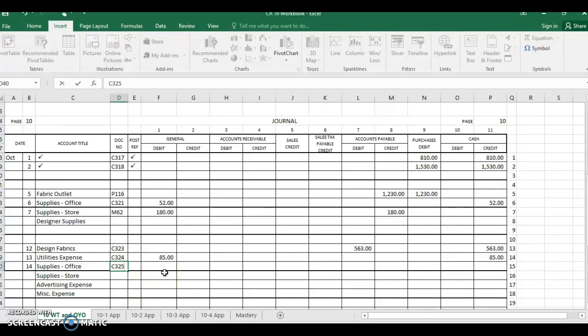And now your general debit column is going to be the individual amounts for each one of those that they gave you. So it says office supplies was $82, store supplies was $43, advertising $94, and miscellaneous $90. Okay? And now the trick, when you're doing this, you put your total amount that you're replenishing your petty cash over in the cash credit.